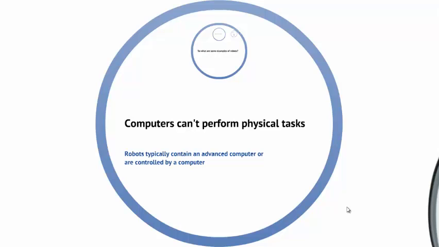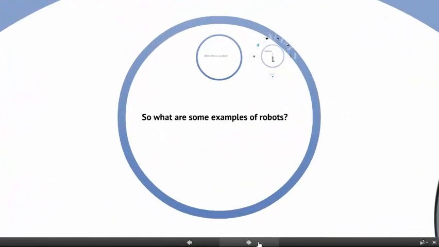So what we will see with a number of different robots is that they will typically contain at least some type of computer or an advanced computer, or are controlled by a computer in some way. For example, the Roomba would probably meet some of that criteria and is controlled by a specially designed computer that controls it. So let's look at some examples.